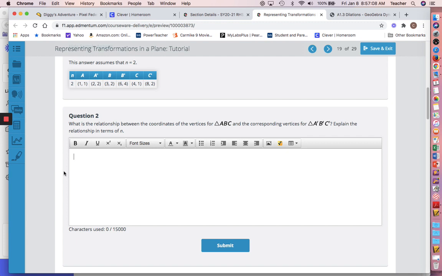So when you have triangle ABC, multiply the coordinates by the n to get triangle A prime, B prime, C prime.